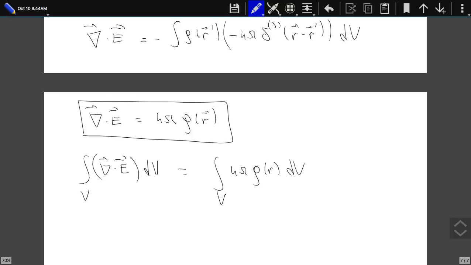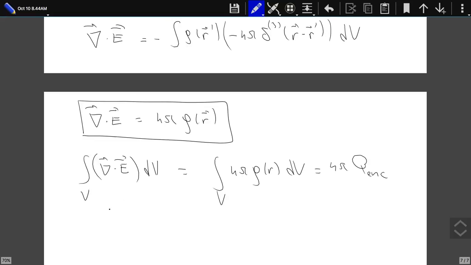But rho times the volume is the charge, and we are just integrating over a finite volume, so this is nothing but 4 pi times the enclosed charge. We have this volume, and Q enclosed is the charge in this volume.